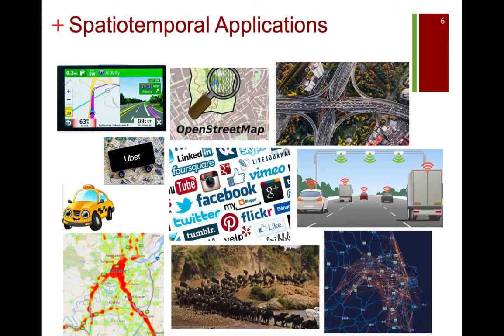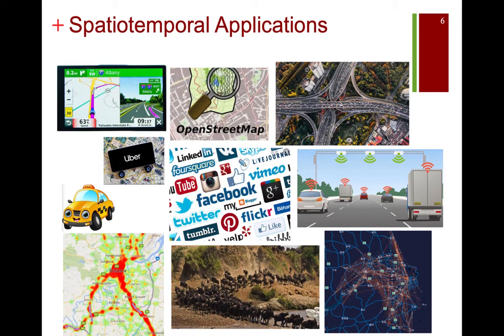Usually, when we give the starting and destination locations, Google Map will return a path for us, maybe the shortest path or the fastest path, and then guide us to the location we want to go. Another example is the taxi hailing service, like Uber. What we need to do is type in your current location and maybe the targeted place as well, and then a few minutes later, the Uber will come to you.